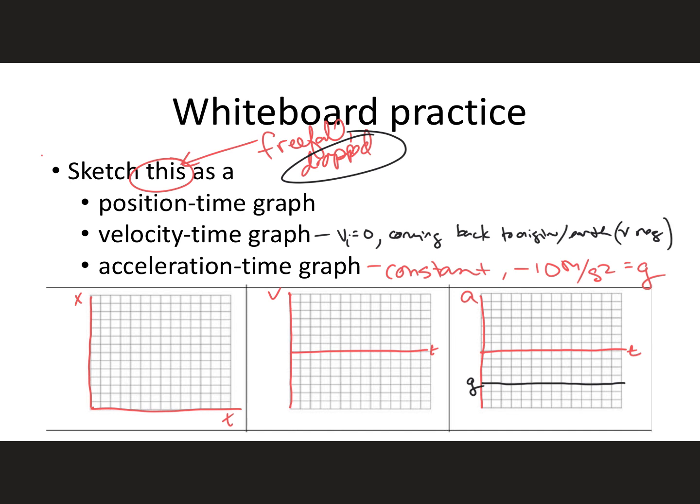Okay, so velocity starts at 0 and it's going to be negative. That means it's all going to be on this side right here. Okay, and what happens when things drop? They get faster and faster. So in that case, I start at 0. I need to get faster and faster. Okay, so in this particular case, if I would take the slope of this line, that slope would be gravity.